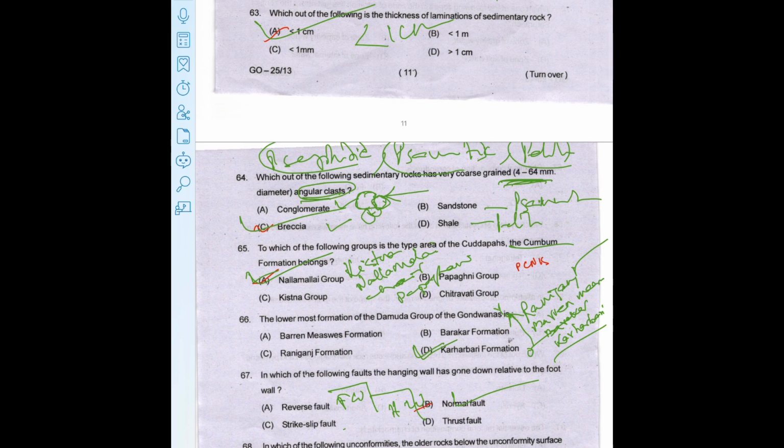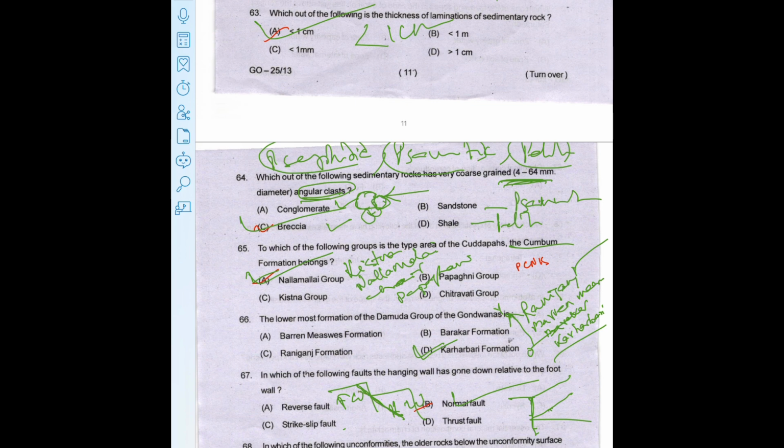If the fault plane is vertical, in that case, it is difficult to say which one is hanging wall and which one is footwall. So, in case of an inclined fault plane, the block which is over the other block is the hanging wall.